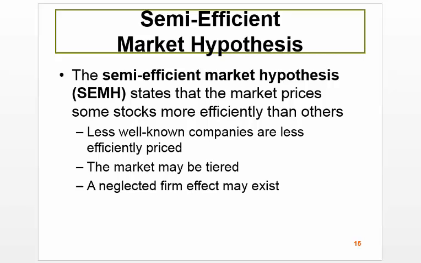However, there are a lot of companies that aren't followed as frequently. Walmart gets a ton of press. Apple's going to get a ton of press. A lot of the stocks in the S&P 500, especially in the consumer discretionary sector, these stocks are going to get a lot of press. So they're probably priced pretty efficiently.